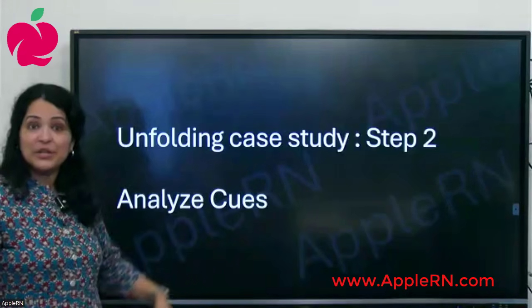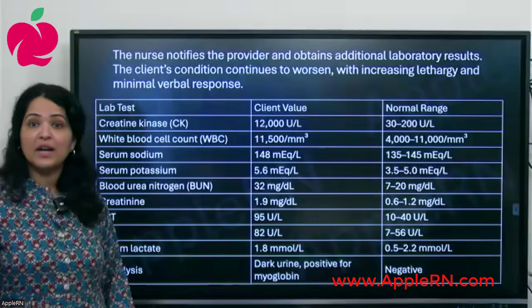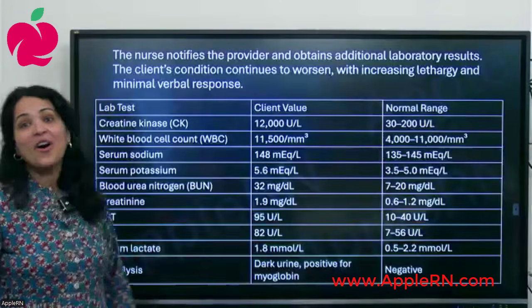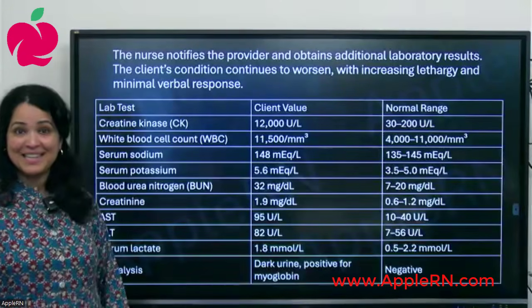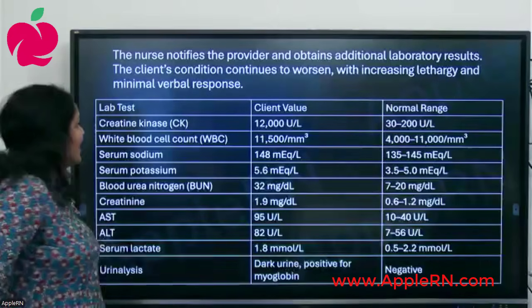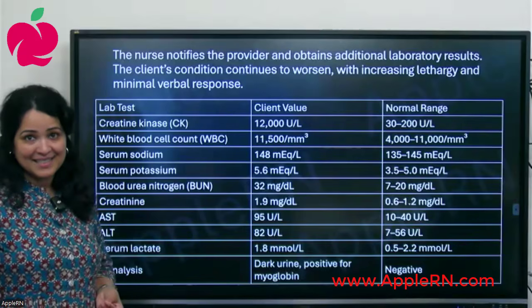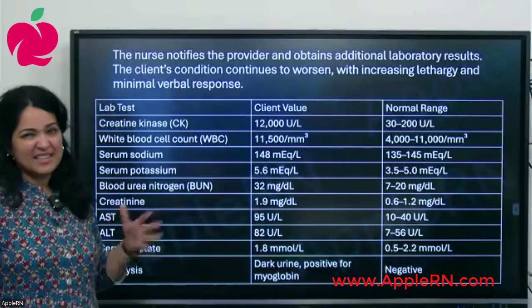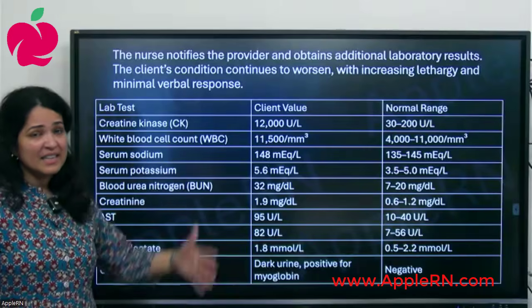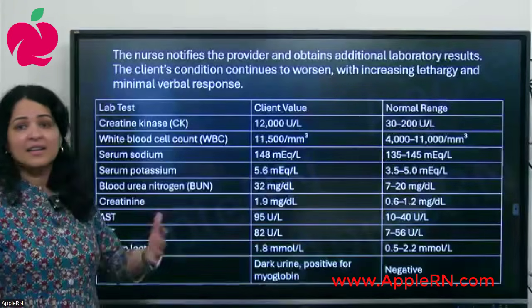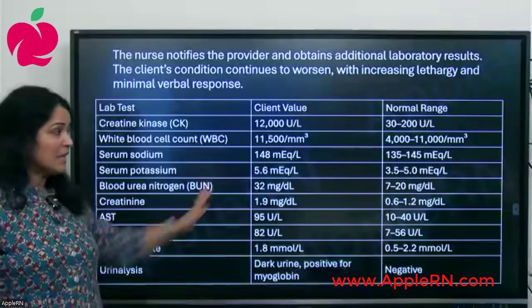So this is step 2, analyzing, and this is where you click on it and you get a lot of lab studies. The nurse notifies the provider and obtains additional lab results. Now, the client condition continues to worsen and there is lethargy and not much verbal response, but this is what you have.